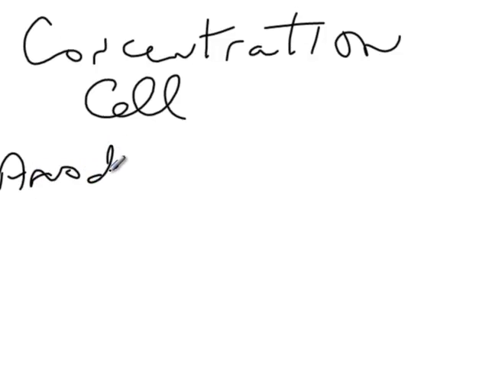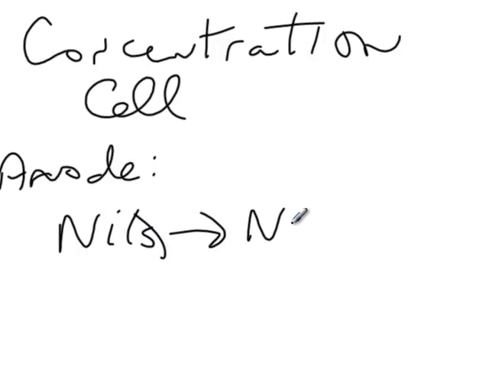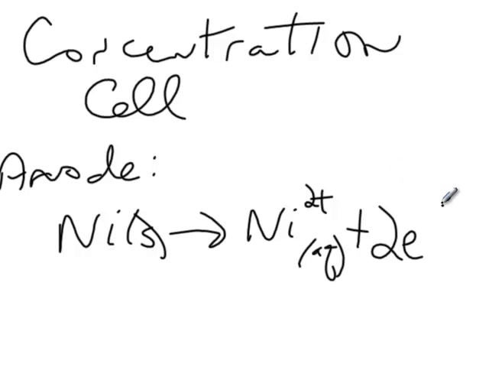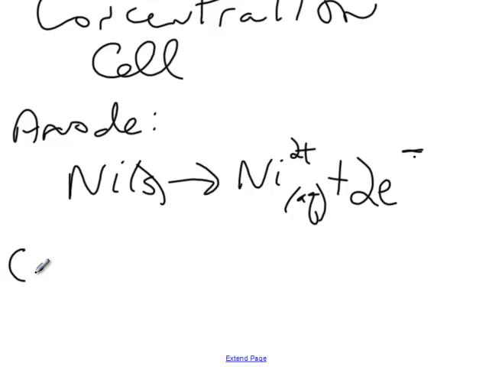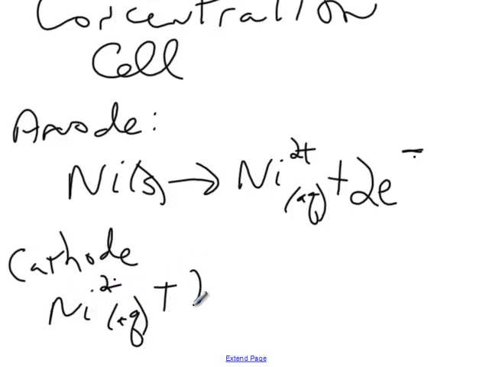At the anode, for this nickel cell, we have nickel solid going to nickel 2 plus, which is obviously aqueous, plus 2 electrons. That's the oxidation. And at the cathode, we have the reduction, which is nickel 2 plus, which is aqueous, plus the 2 electrons going to nickel solid.